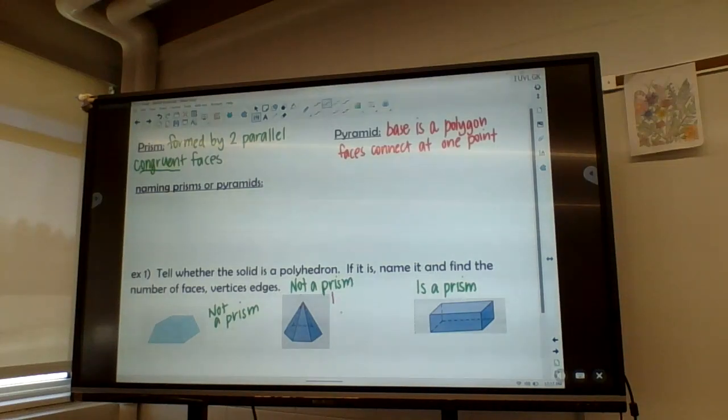Like down here, this would be an example of a pyramid. So we're going to name these, and in order to name them, we have to name them using the shape of the base.